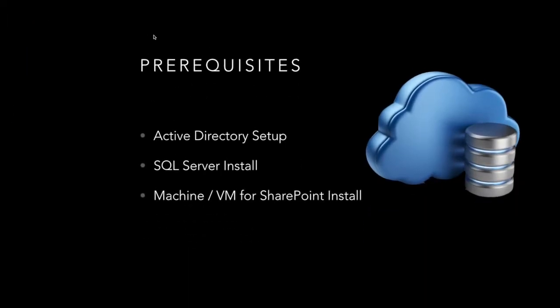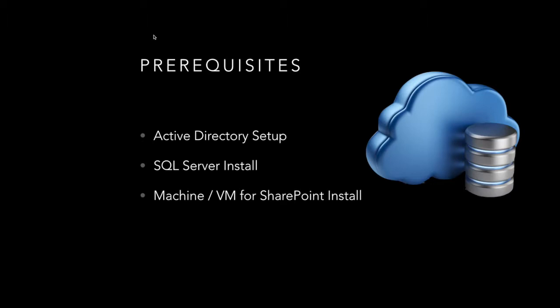So a few things that I've already set up, so in order to follow along with the video you will need to have these things in place as well. I've already configured an Active Directory that we'll use for the demo, and I also have a SQL Server that's already installed. I'll be using 2014, but the steps will be the same regardless of what supported version of SQL Server you're using.